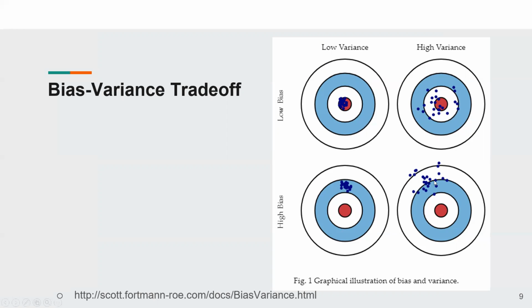It's not only scattered around, but also far from the target. If it's close to the target, we call it low bias. If it's far from the target, we know it's going to be high bias. If it's scattered around, then we also call it high variance. So that's the bias and variance trade-off.